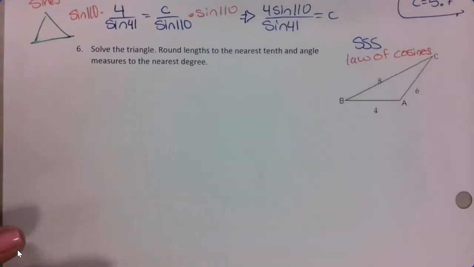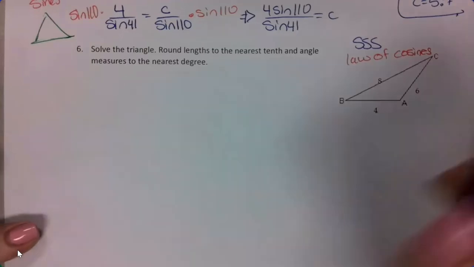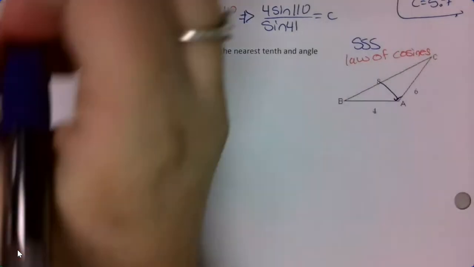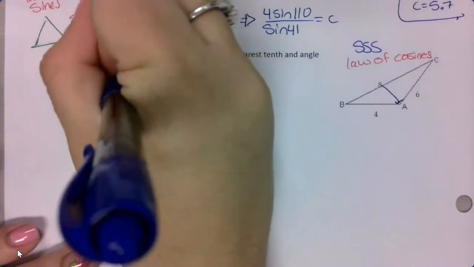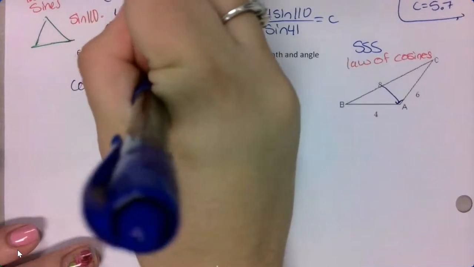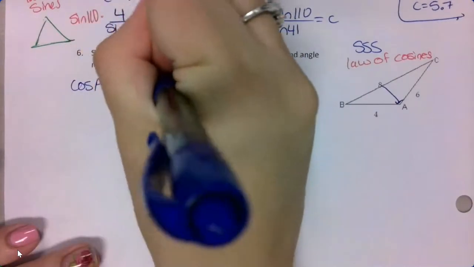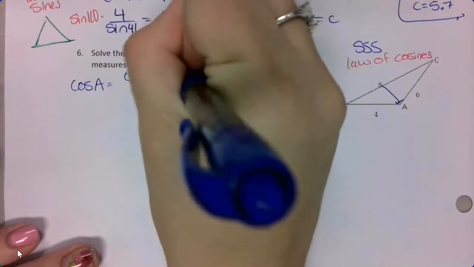If I have this, I always want to start off by solving for my largest side length. So I'm going to go look for my angle A. This is going to be B is 6, C is 4, A is 8.